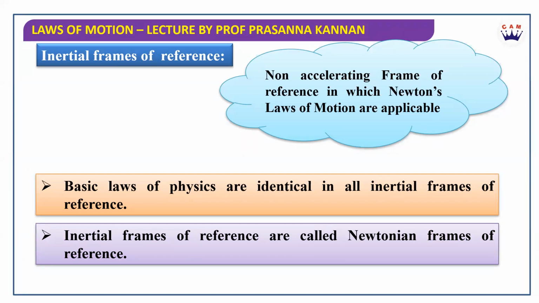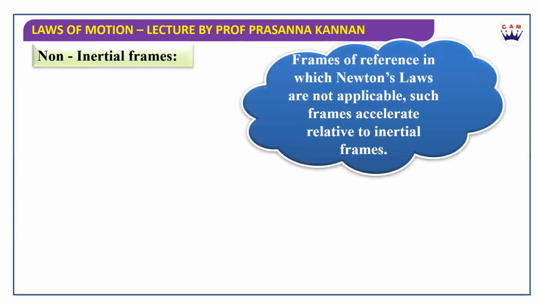Newtonian or even Galilean frames of reference. Non-inertial frames, very important. Frames of reference in which Newton's laws are not applicable are called non-inertial frames of reference. Such frames accelerate relative to inertial frames. Is that clear? They will have acceleration.